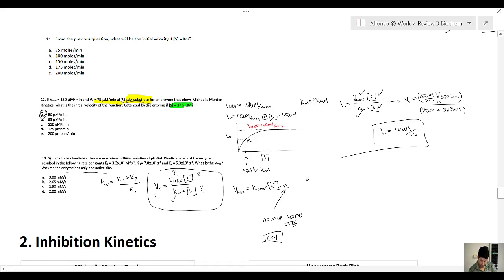Whenever they don't give you a volume, just assume that the container has a volume of 1 liter, and that means that the enzyme concentration is 5 micromolar. All right, so we know the enzyme concentration, and we also know Kcat. Kcat is equal to K2.